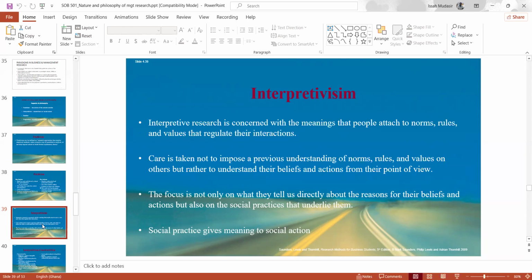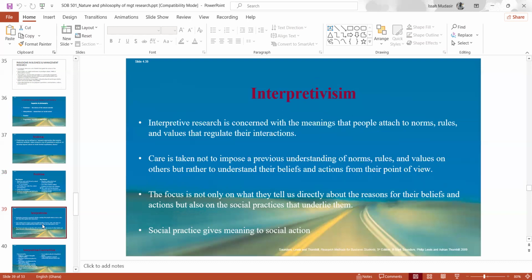But the point of view you are coming from is what we are now moving to, the constructivists. They seriously oppose what I said about context free. They say that everything is context determined and context specific. So when you are going to look at an issue, you must place it in the right context.